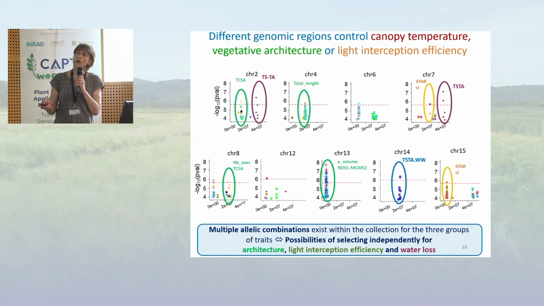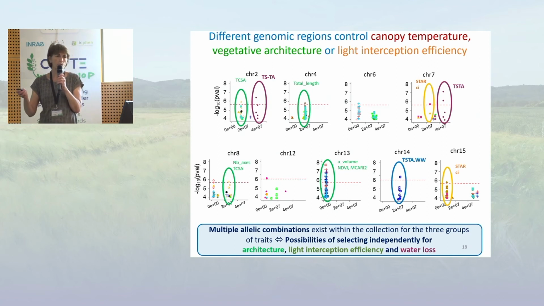Here you have the log of the p-value, so the significance of the association. What is interesting here is that we got different associations, but the portion of the genome that is associated for each kind of trait is different.